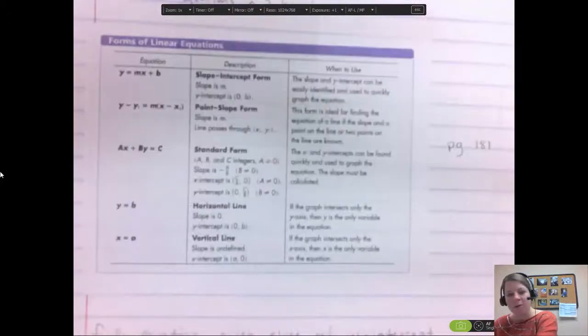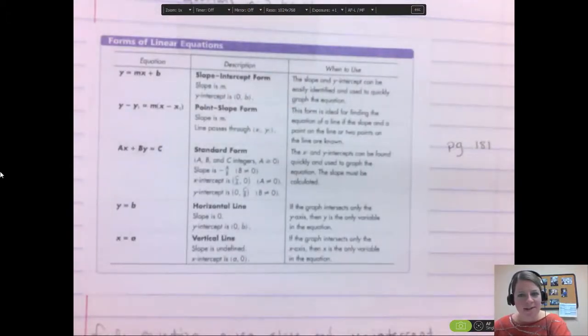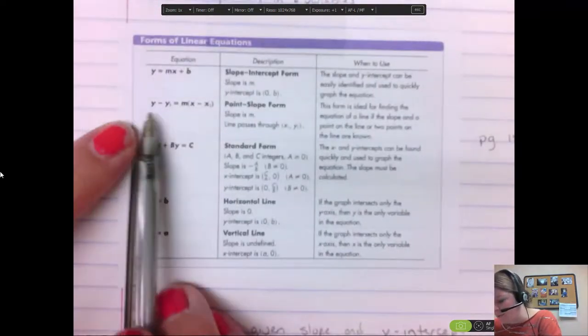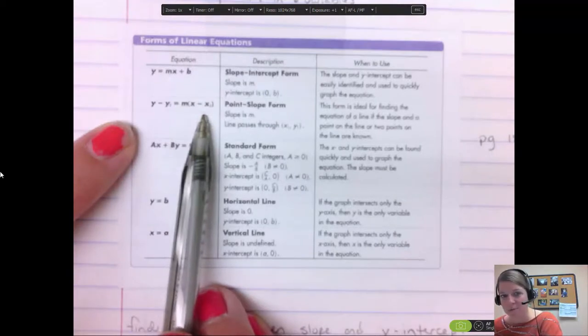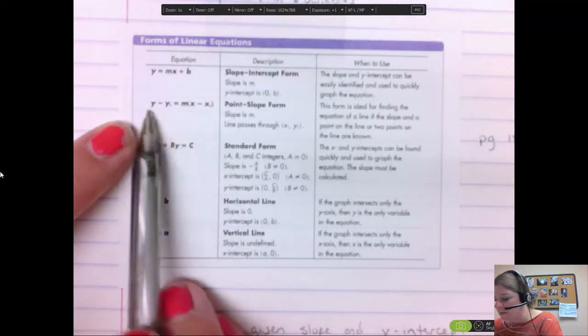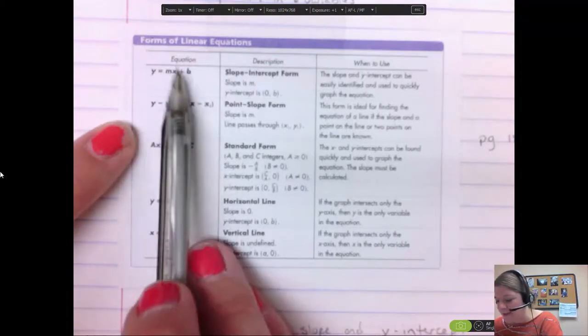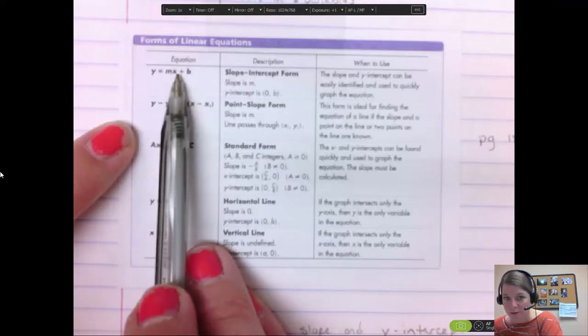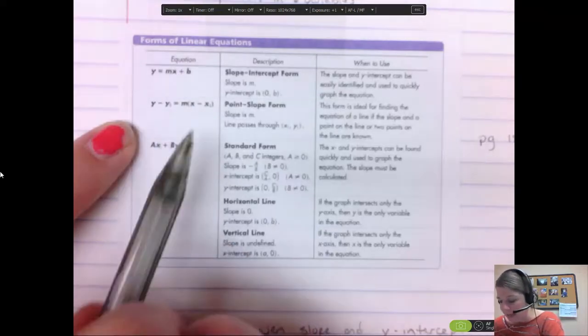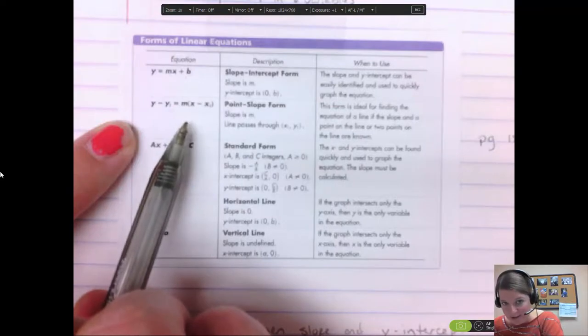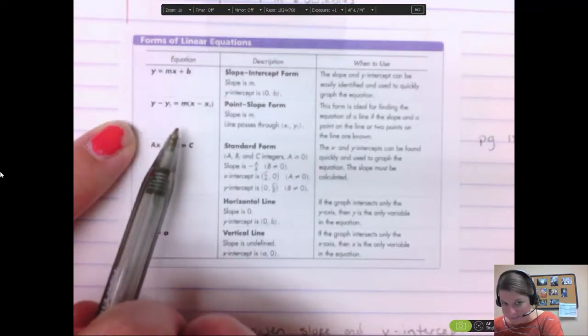And then we have point slope form. So point slope form is this one here. And I like to think of it as point slope formula. We use point slope to find the equation of the line in the slope intercept form. So again, you use point slope to find the equation of the line.